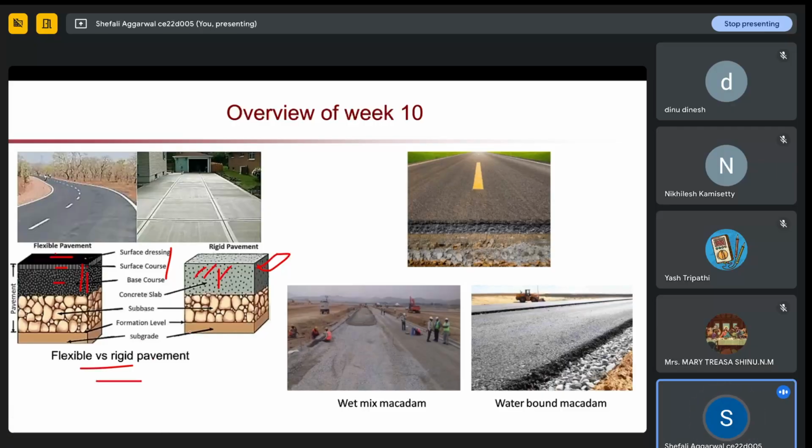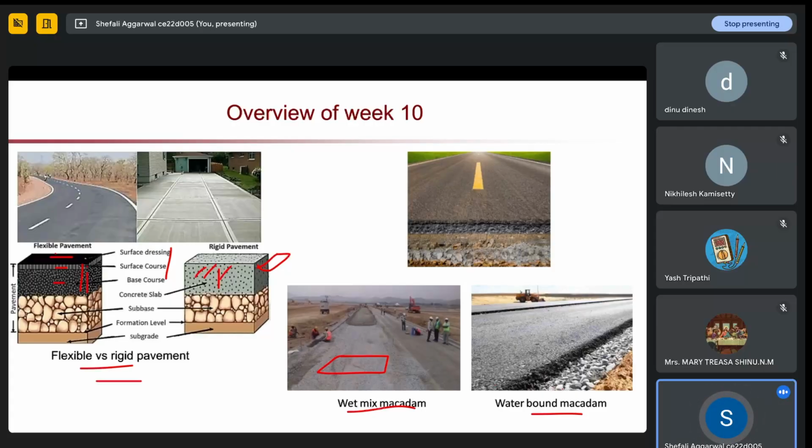Other than these two types of pavements, we have a macadam type of pavement, which can be flexible or rigid. The main difference is between wet mix macadam and water bound macadam. In wet mix macadam, before pouring the surface layer, we have a mixture of aggregates, meaning fine aggregates, sand and water, as a base.